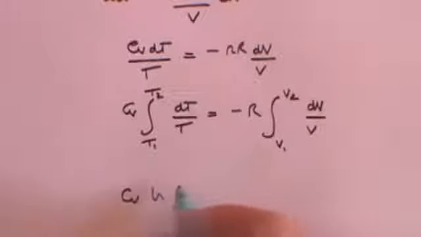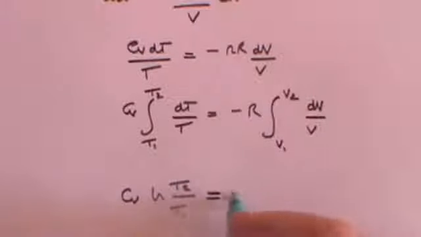So in this case, when we work that through, we get Cv times the log of T2 over T1 equals minus R times the log of V2 over V1.